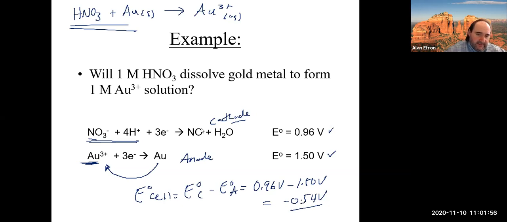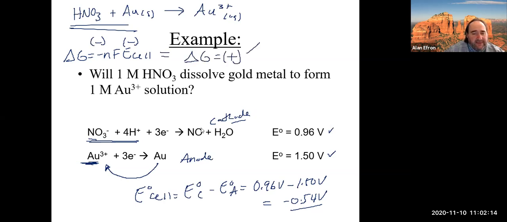Because we got a negative E of the cell, if we put that into our delta G equation, the negative and the negative would turn our delta G into a positive number. Both of those things tell us that this reaction will not occur, and that this is a non-spontaneous reaction.